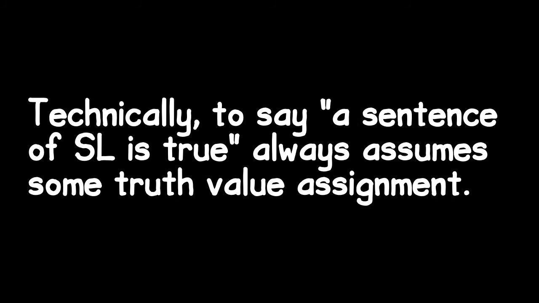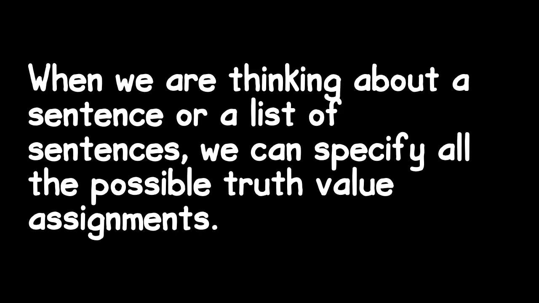Technically, to say a sentence of SL is true always assumes some truth value assignment. The truth value assignment is what makes the sentence true or false. So you can think of a truth value assignment as being a way the world could be. There's one that represents the actual world, and the others are different logically possible worlds. When we're thinking about a sentence or a list of sentences, we can specify all the possible truth value assignments.